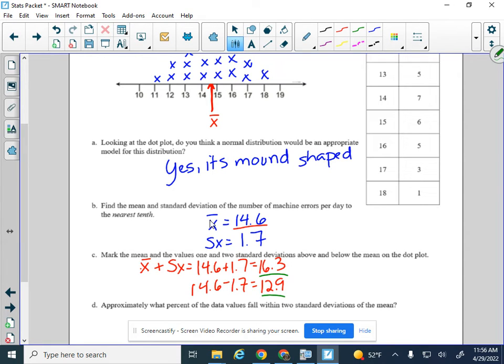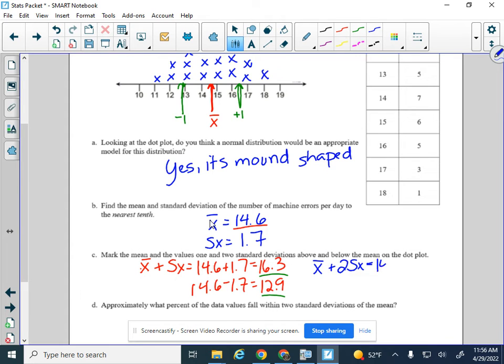So 16.3 is here. That's plus 1 standard deviation. And then minus 1, the 12.9. Now I could just tack onto there, but it's typical to do mean plus 2 standard deviations, so I'm going to start from the mean and add 2 of them.